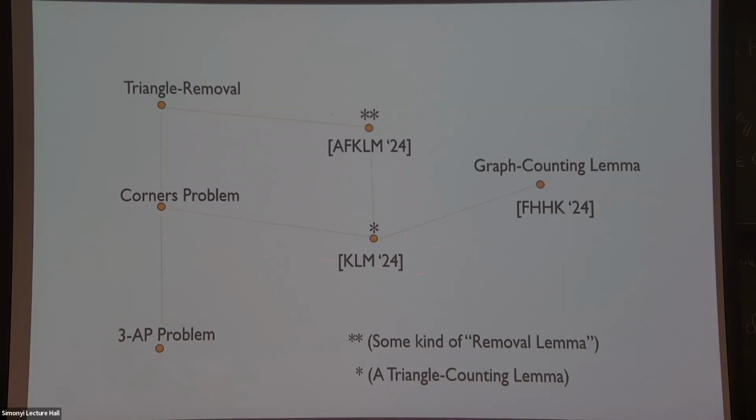The main result is an application in theoretical computer science. I won't try to tell you about that, because it would take a few minutes. But I'll tell you about the main mathematical content and how these results are strongly related to the corners problem and the triangle removal problem over here.